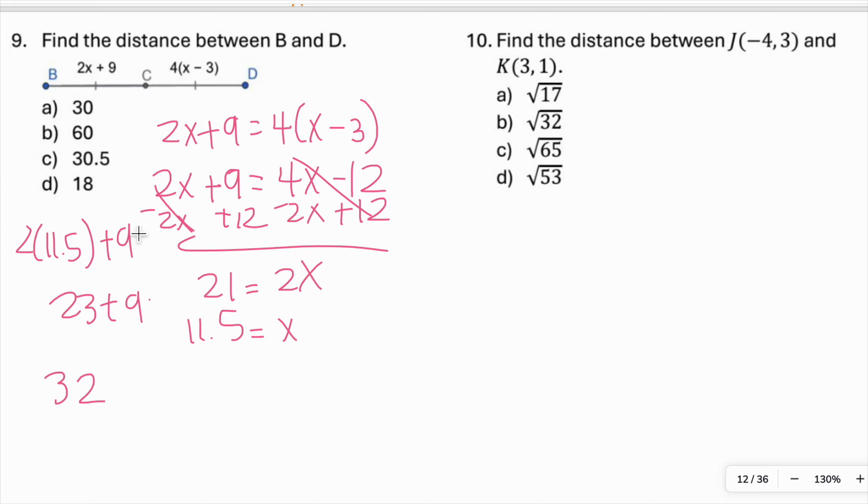For some reason I am stuck on this one, so let me see what happens when I plug in 11.5 to my x minus 3. So 11.5 minus 3 times 4, I'm getting 34. So something's not adding up right here. So let's see what's happening here.